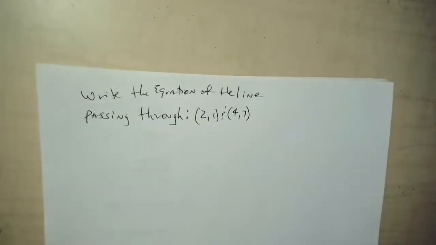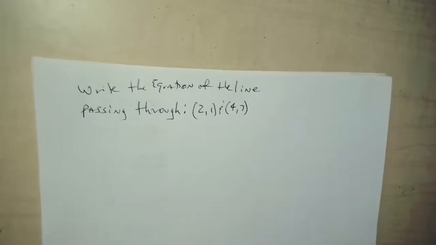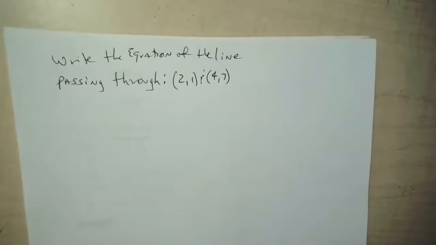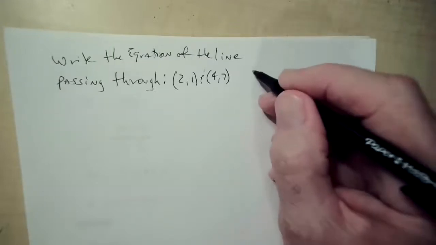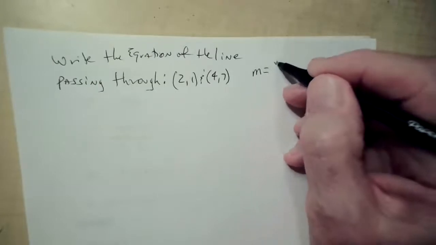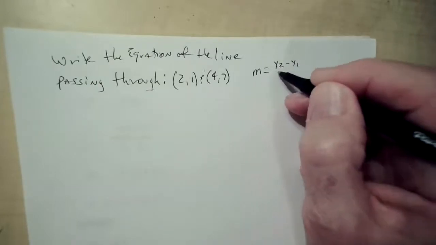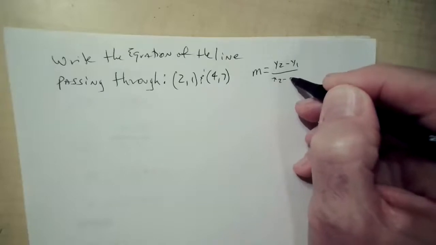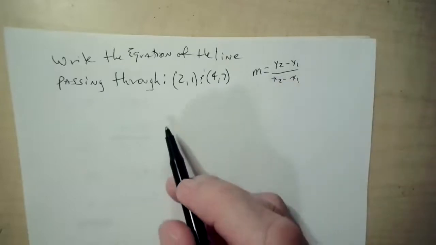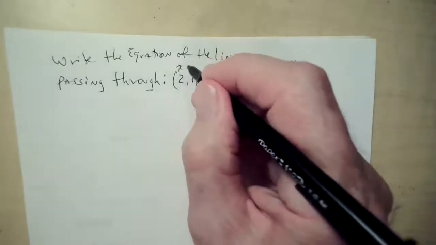Okay. Now what in the world are we going to do here? We don't have any slope. What's the one thing we can calculate when you're given 2 points? The one thing that you can calculate given 2 points, slope. y2 minus y1 over x2 minus x1.